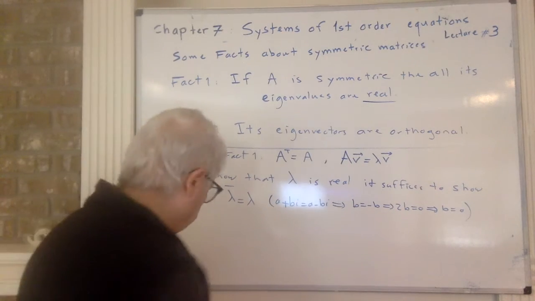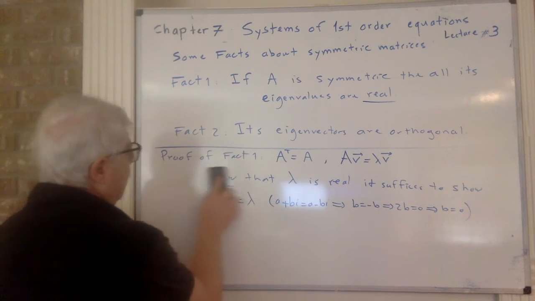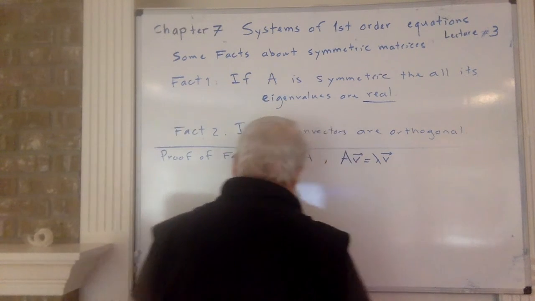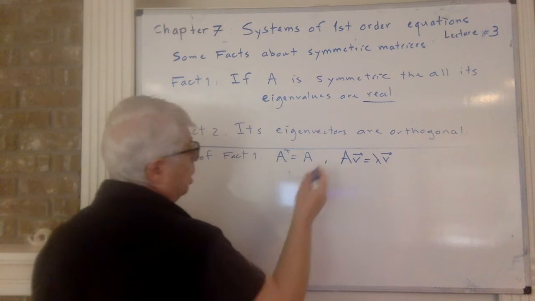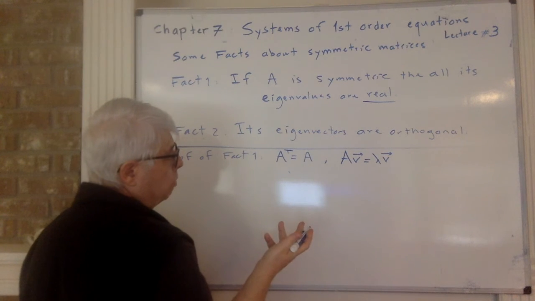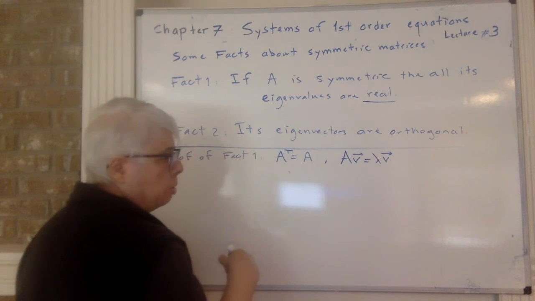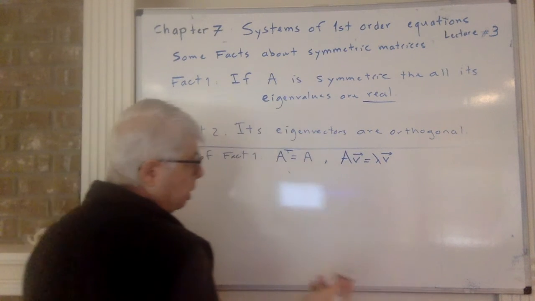So let me erase this. Well, this A is a real matrix. It means that the entries are real numbers. But V and lambda can be complex.